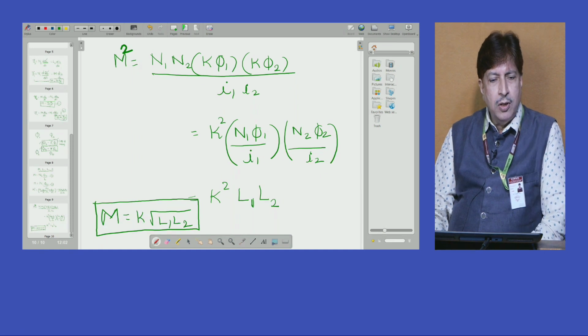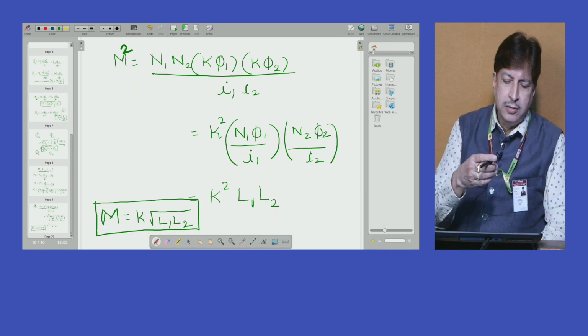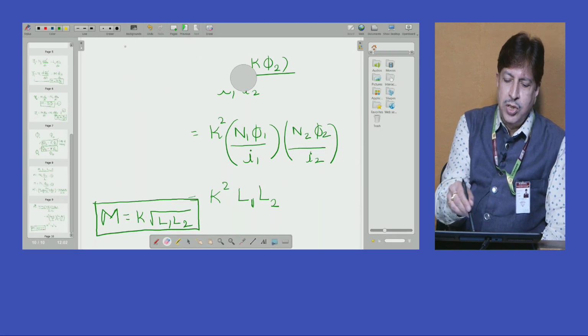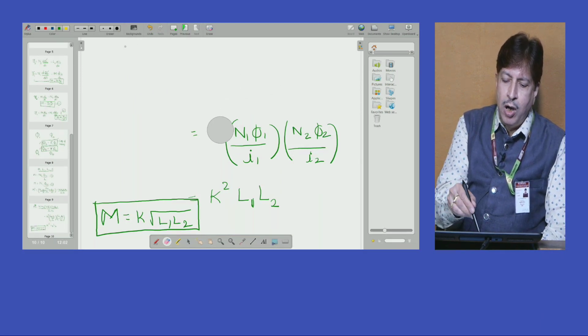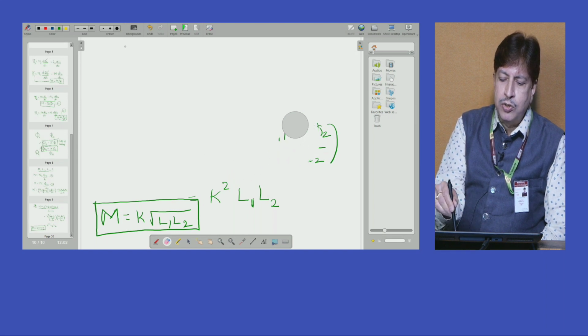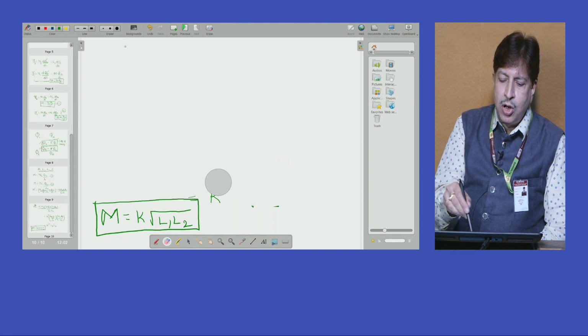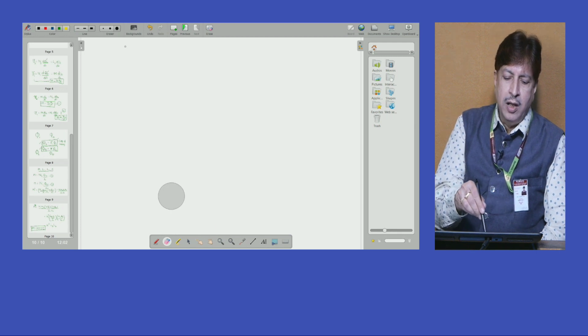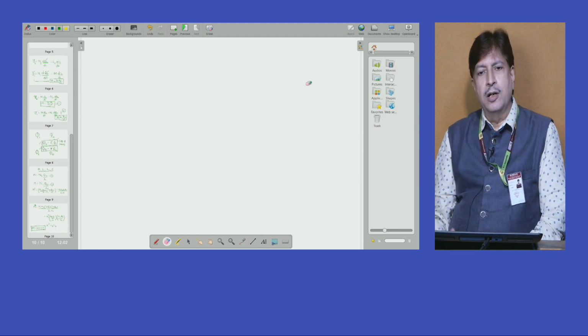For example, a transformer transfers power from the primary winding to the other winding.